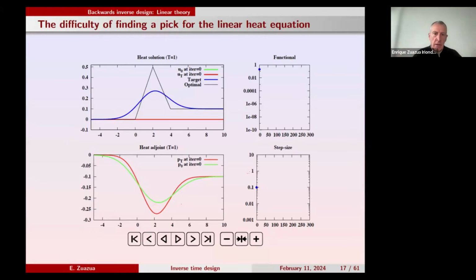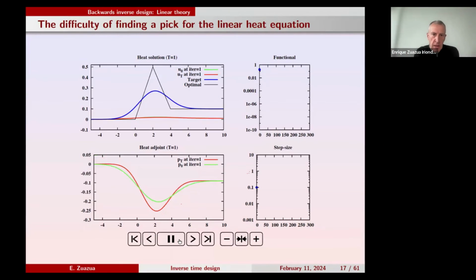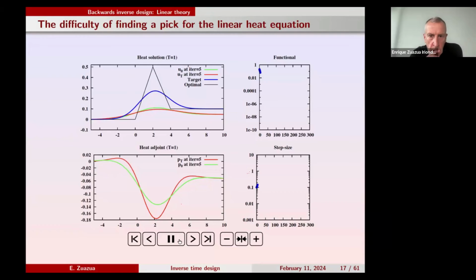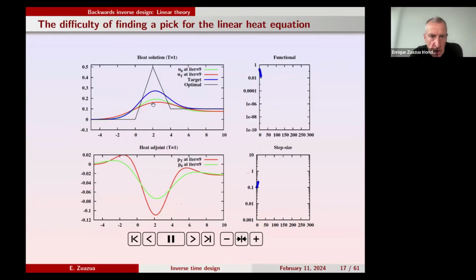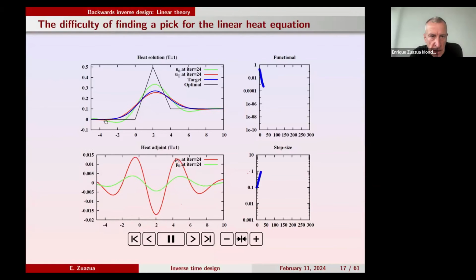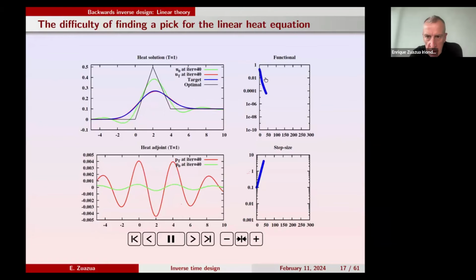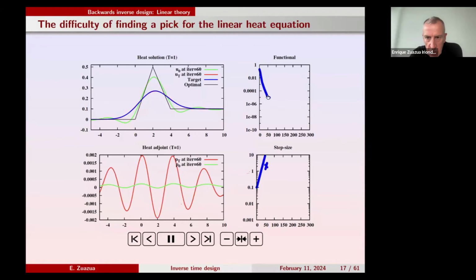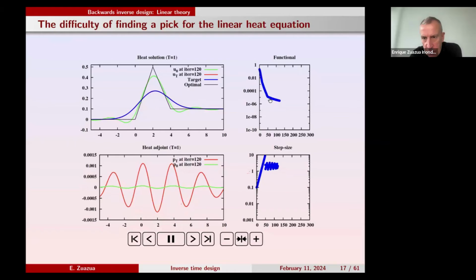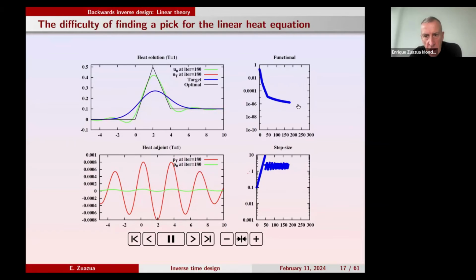Let's then run the numerical simulation and see what happens. You see in red how the red line is approaching the blue line, and the green line is trying to approach this triangle function. The functional here on the right is going down, but we see how after 100 iterations or 50, it slows down.